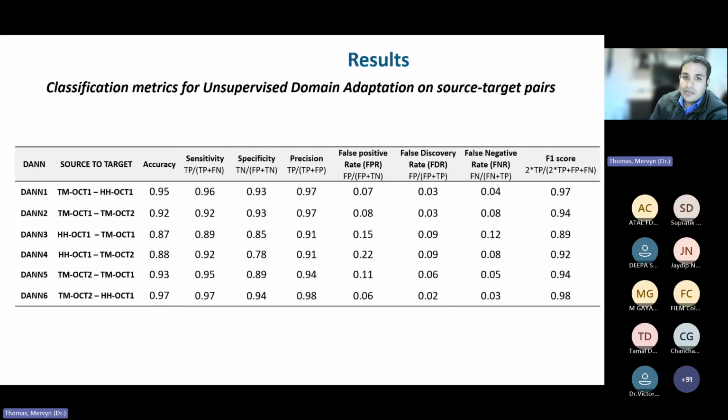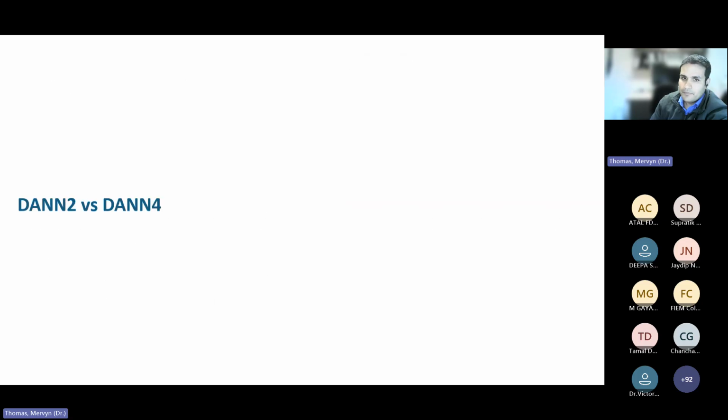Some of them performed really well, some perhaps not so well. DAN4, for example, had quite a high false positive rate for saying there were lots of cases of foveal hypoplasia. The source was handheld OCT1, and the target was a table-mounted OCT2. So that was a poor outcome for the DAN4 specific neural network.